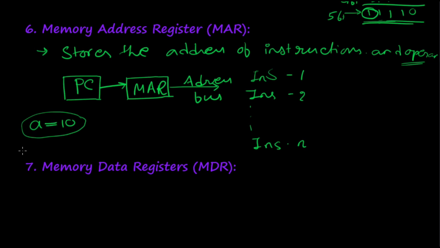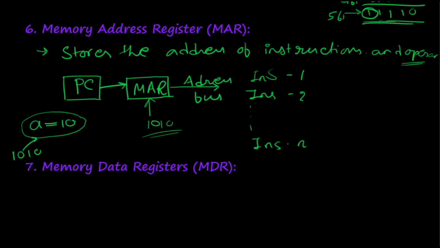Suppose in main memory address 1010, A is located and the A value is 10. Suppose the CPU needs to fetch that data. Program counter is meant to contain the instruction's address, not this operand address. So MAR is also responsible for forwarding the addresses of operands as well. In that case, the memory address register will take the request from the CPU that I need to feed this 1010 address to the address bus, and that would also be done through MAR.